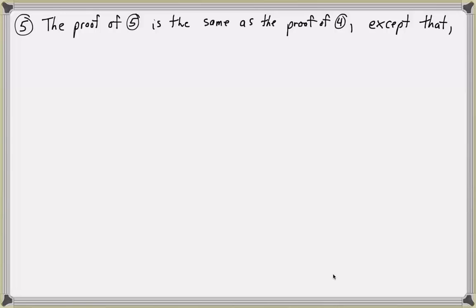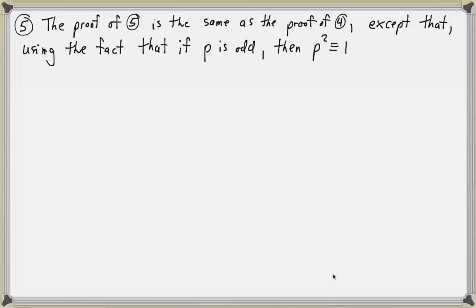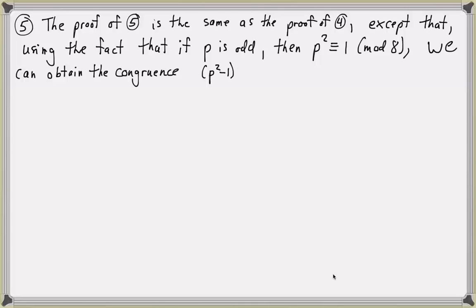Using the fact that if p is odd, then p squared is congruent to 1 mod 8, we can obtain the congruence that the quantity (p squared minus 1) times (q squared minus 1) will be congruent to 0 mod 64.